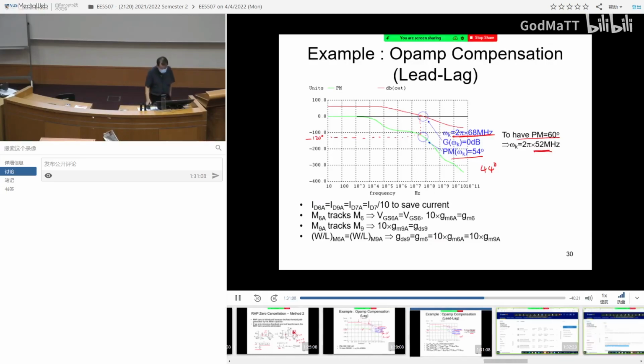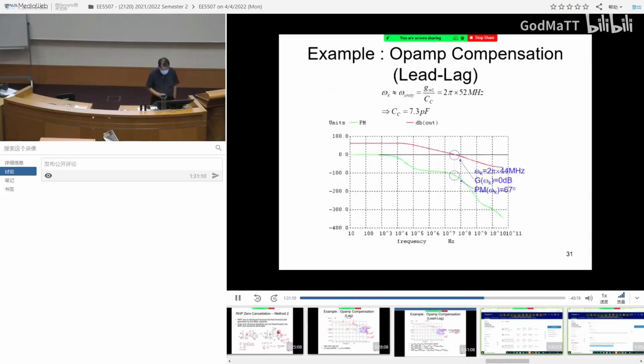So we can do the same calculation, equating this to 52 megahertz. Your CC is no longer 8.8 pico; you only require it to be 7.3. If you go through the calculation, you find that you over-designed it. Your phase margin now is 67 degree, and your unity gain frequency now is 44 megahertz.